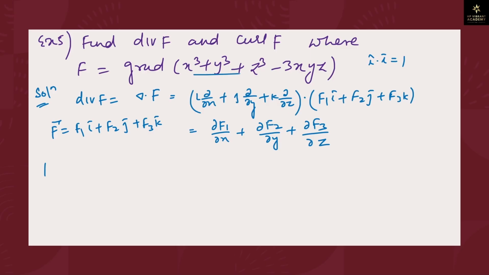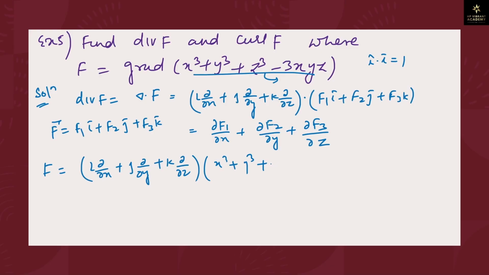Okay, so similarly let us find the value of the gradient of this function. This is a scalar point function, and gradient is always applied on a scalar point function. So we take the del operator, i del upon del x plus j del upon del y plus k del upon del z, with this one, x cube plus y cube plus z cube minus 3xyz. Because the gradient of any phi is a vector point function.